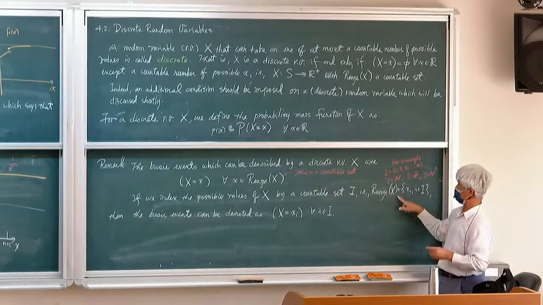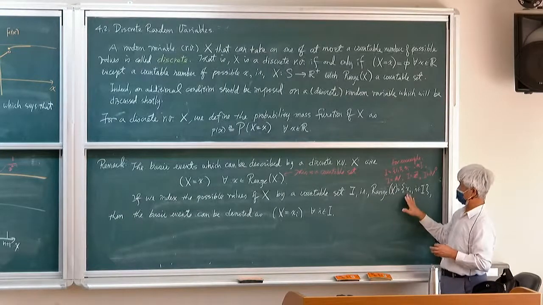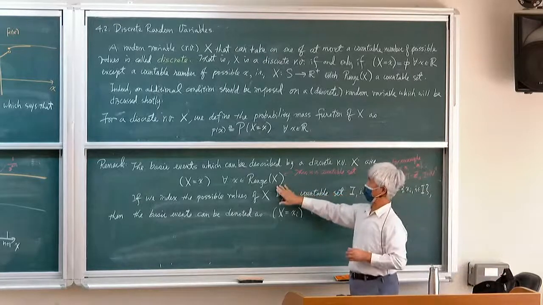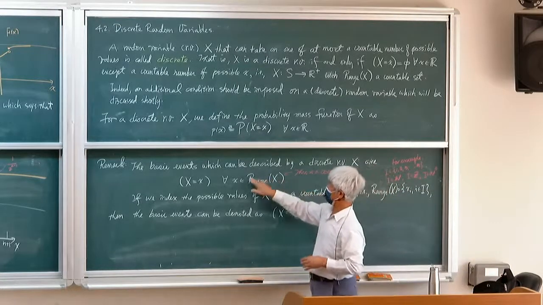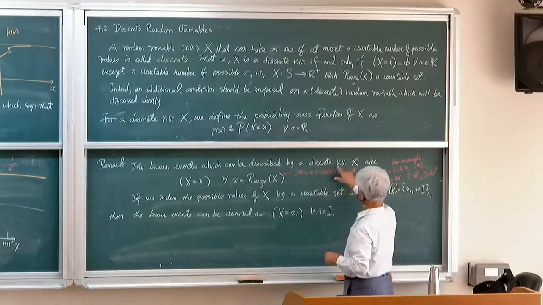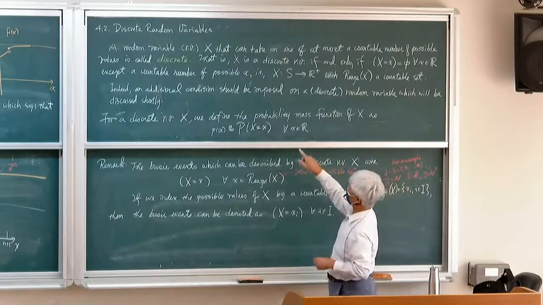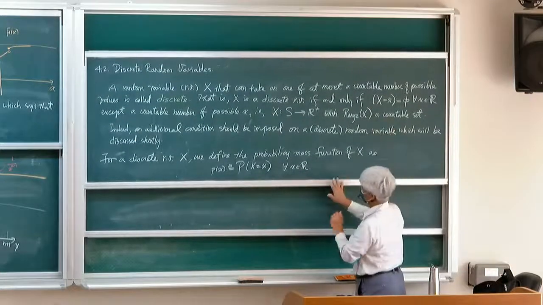So this is quite comprehensible. And this one is a little bit harder, because you have to know the range of X. When X is a discrete random variable, by our definition, the range is a countable set.